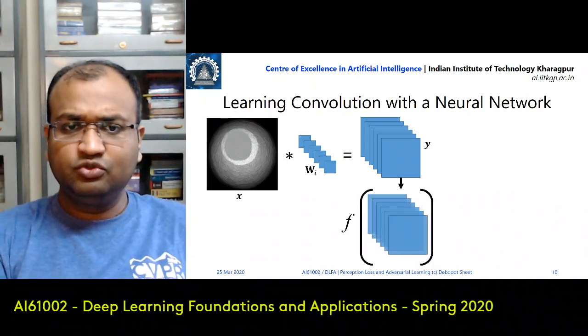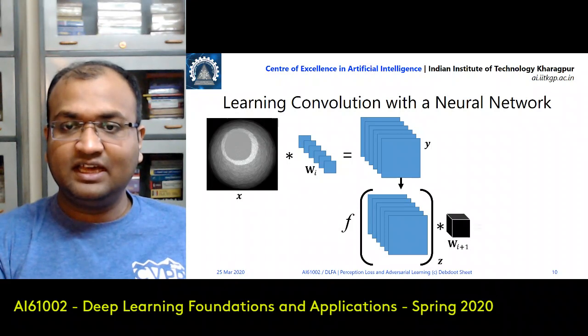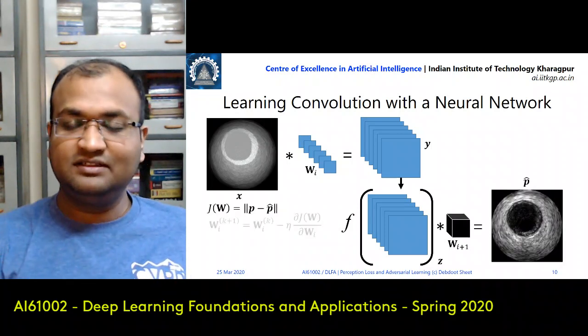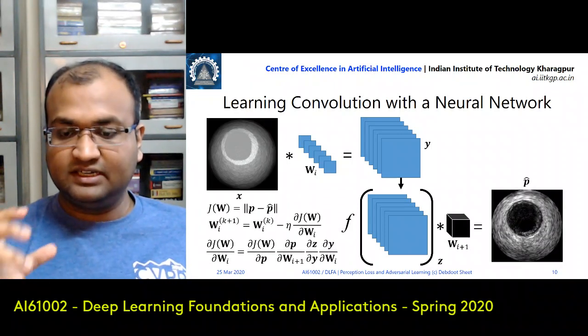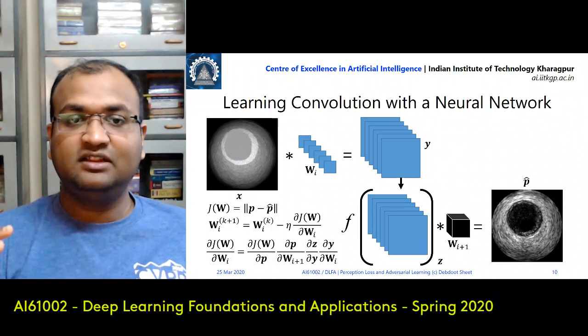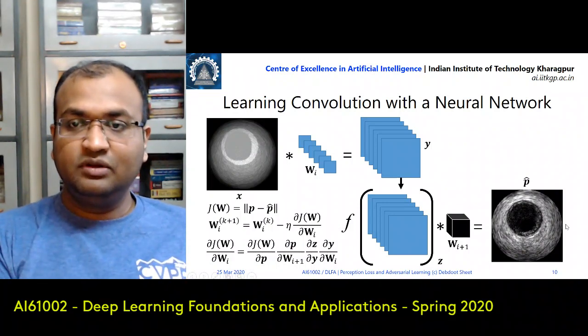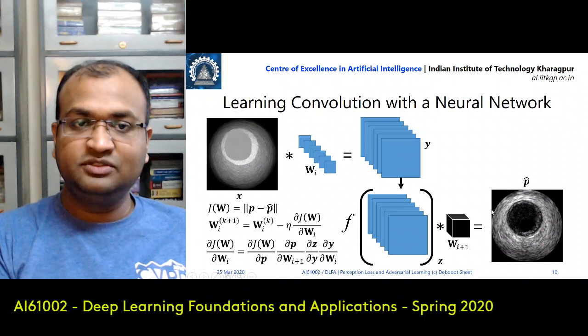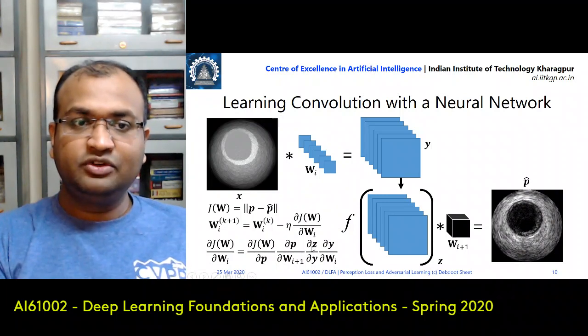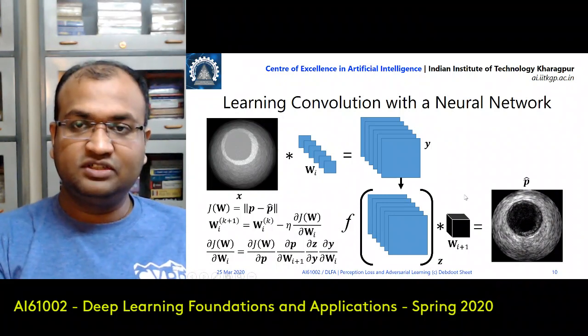Now I put it through some sort of non-linearity, and then I have a combining kernel, say something similar to that Hilbert transform which you had in the earlier function, and you will get an output image which looks like this, and now you can do all of your mean square error minimization in order to do this.